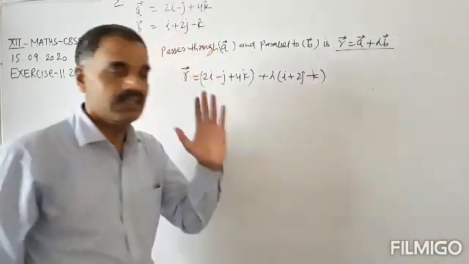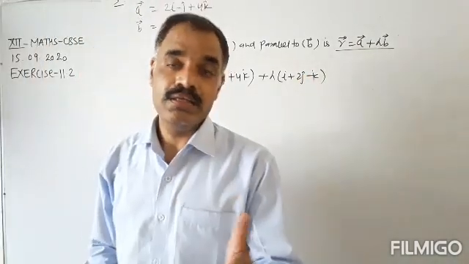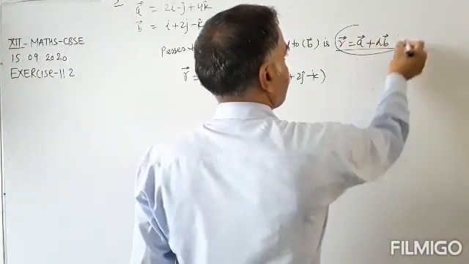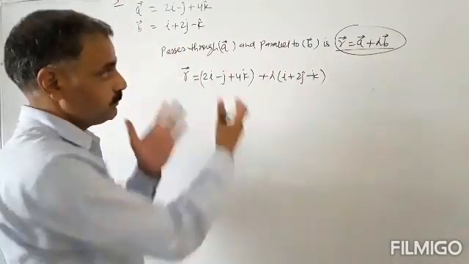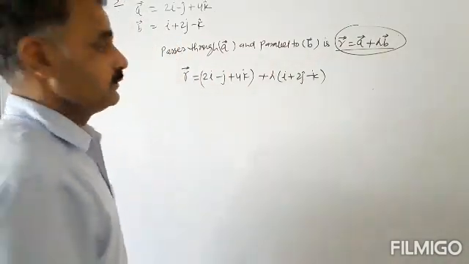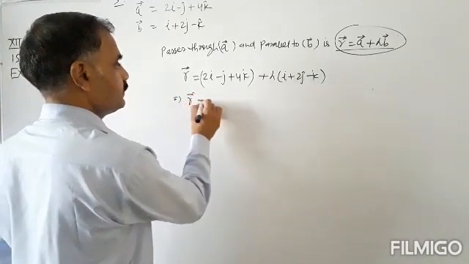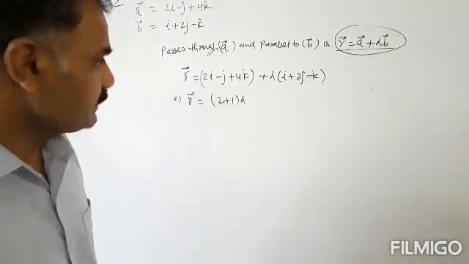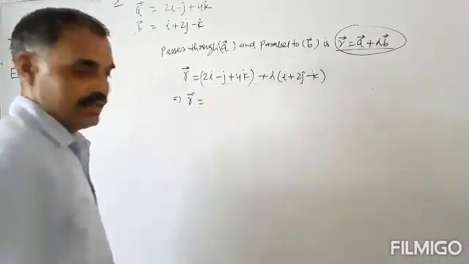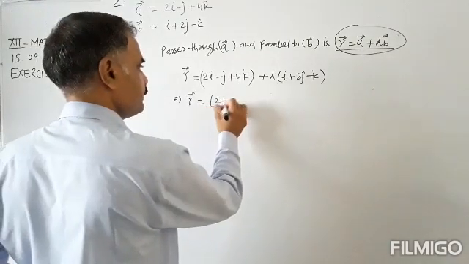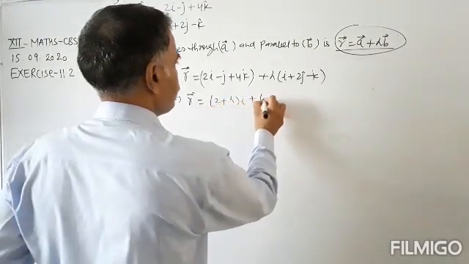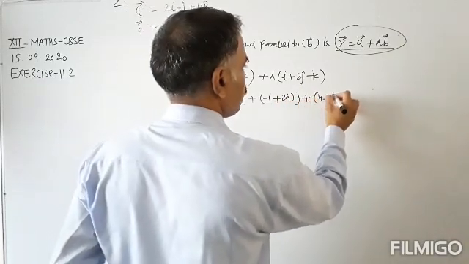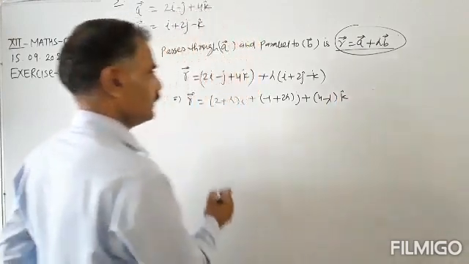This is the equation of the line in vector form. Now we have to convert this into Cartesian form also. So r vector equals (2 plus lambda) i cap plus (minus 1 plus 2 lambda) j cap plus (4 minus lambda) k cap.